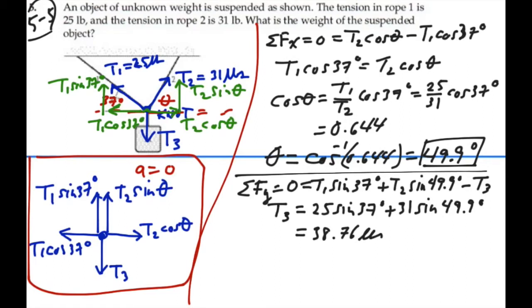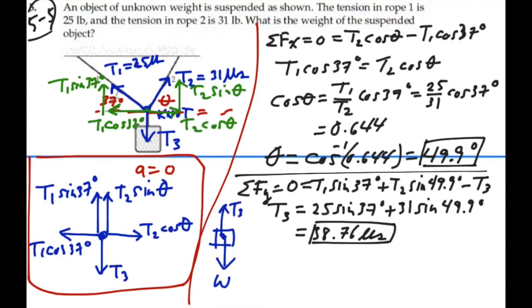38.76 pounds. We want to find the weight of the suspended object. Now, if we made one more free body diagram, we would look at the object and realize that the weight is being offset by tension 3 pulling up.